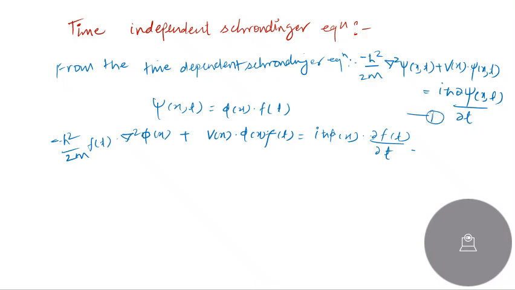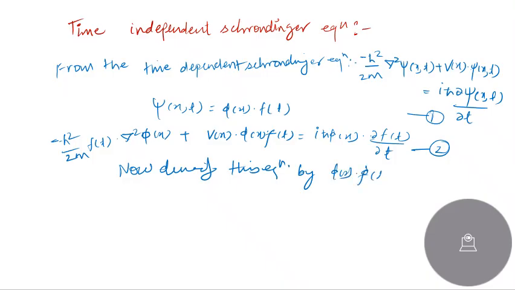So now dividing this equation by phi of x and function of t. So what will be the next step?